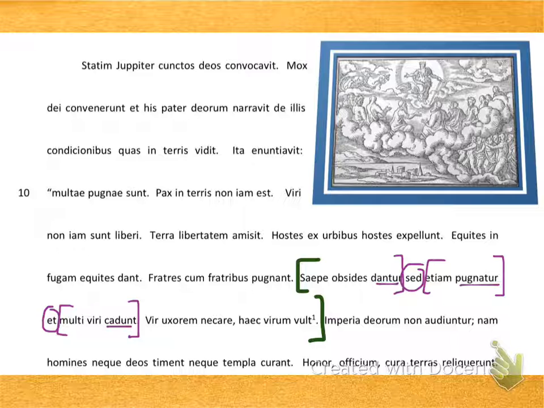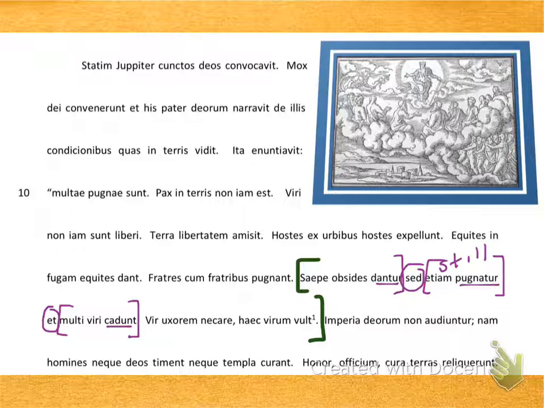Etiam is often used to mean also, but I think that here we're going to use a lesser used translation for etiam, which is still. Still. Pugnatur, if you notice, ends with tur, which is a third person singular ending. This is not an error.